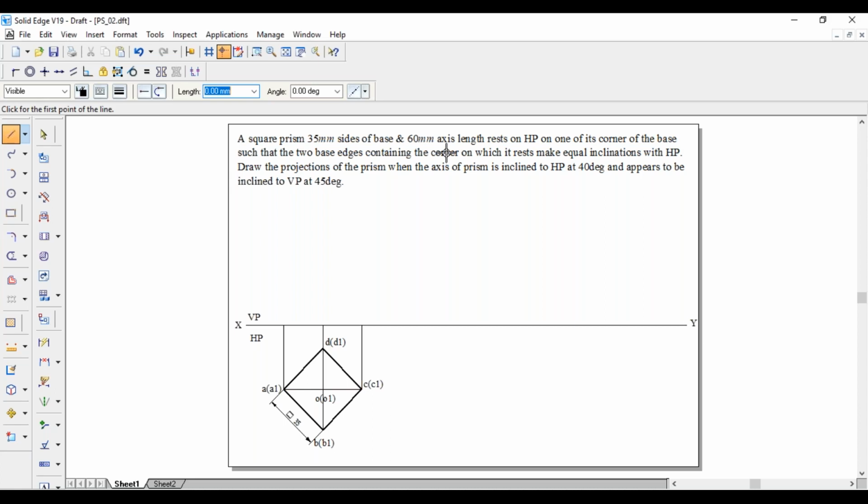So as it is a prism, the axis and the sides are parallel to each other. So from this point also, draw a vertical line of 60 mm. Similarly, from this point also draw a vertical line of 60 mm, and from this one also draw a vertical line of 60 mm.